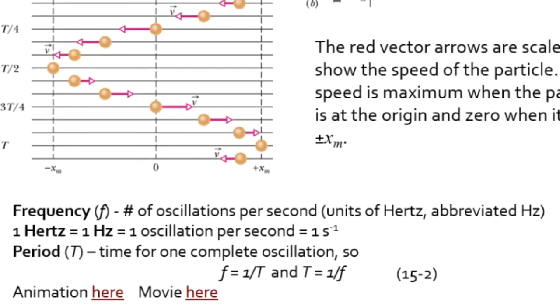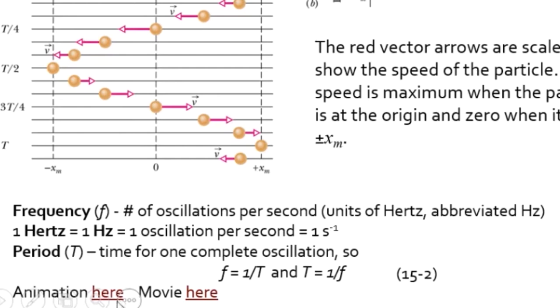There's 10 oscillations in a second, so each of them is 1/10 of a second. If there were 5 oscillations in 1 second, then each oscillation would take 1/5 of a second, and so on. So the relationship is the frequency and the period are reciprocals of one another.